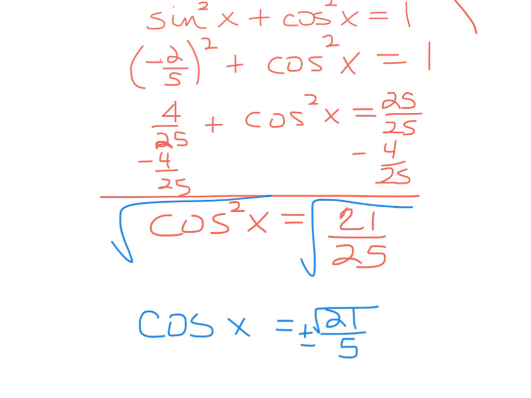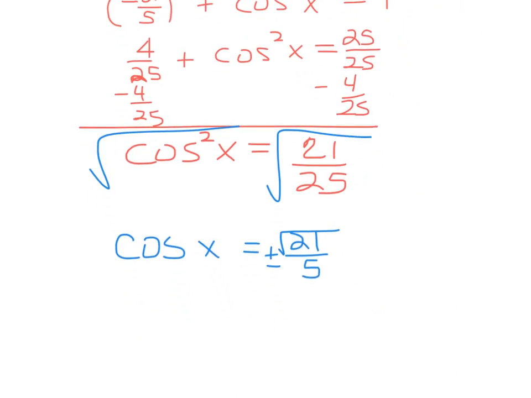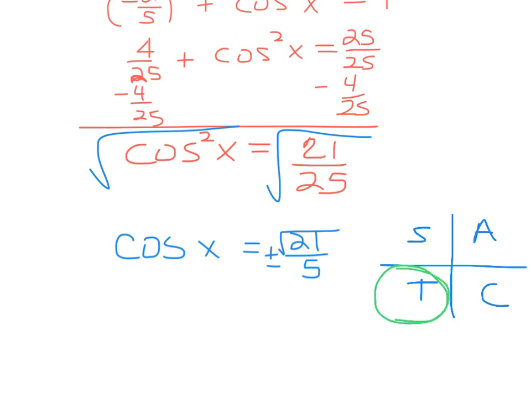However, this is where my given information about quadrant 3 comes in. All students take calculus. They say my answer is supposed to be here. I know the only thing that's positive in quadrant 3 is tangent. So this is why I'm going to get rid of the plus. So my cosine answer here is going to be negative square root 21 over 5.